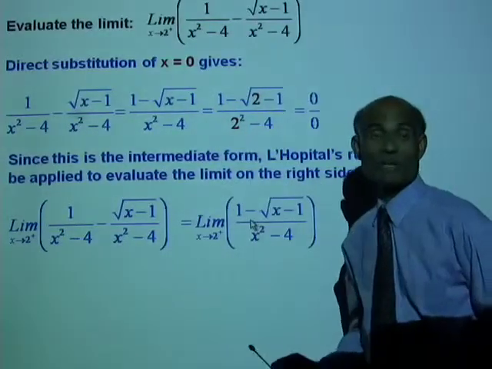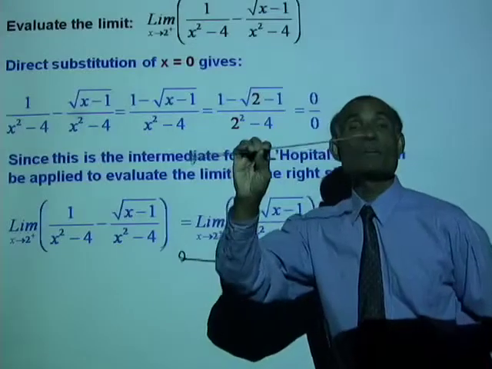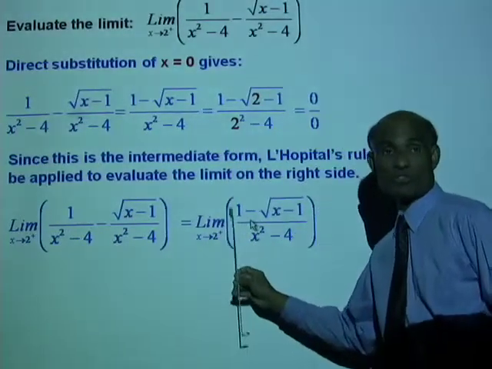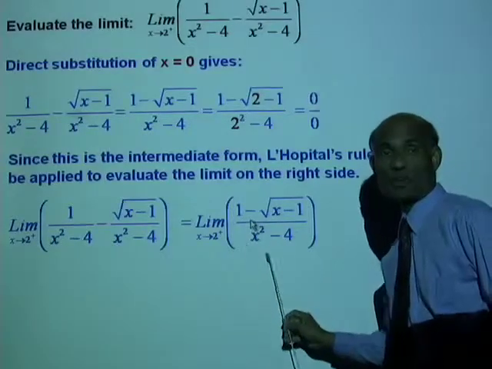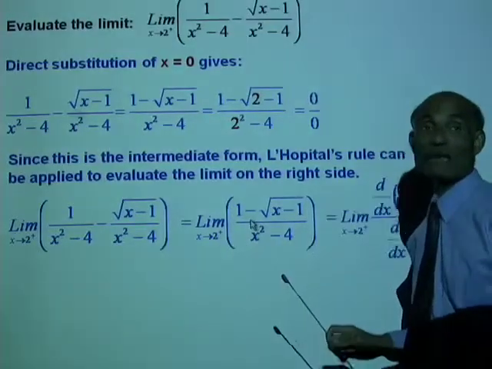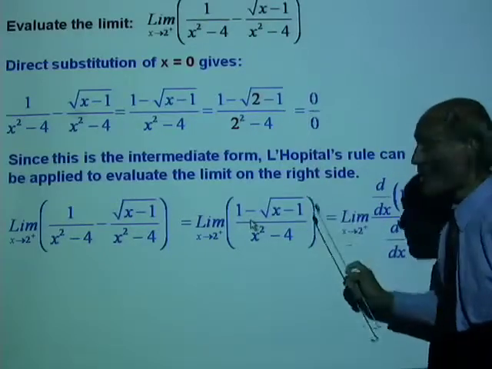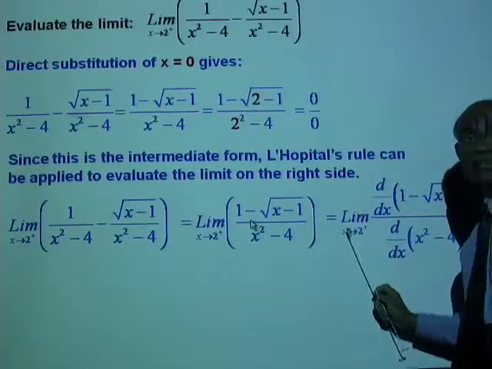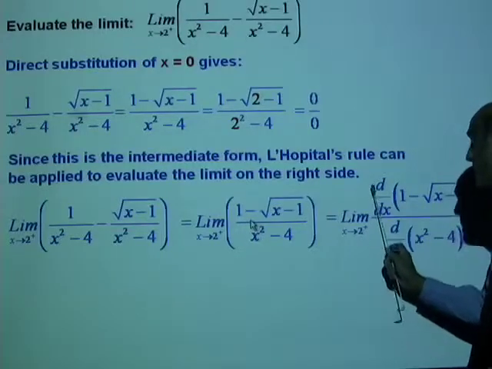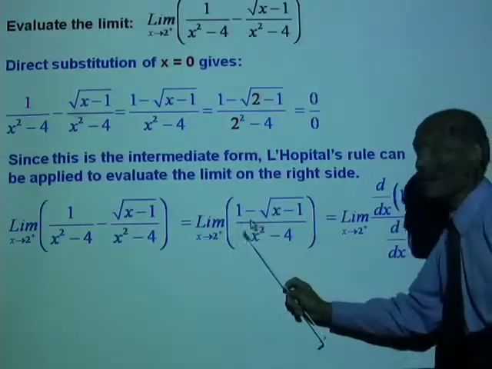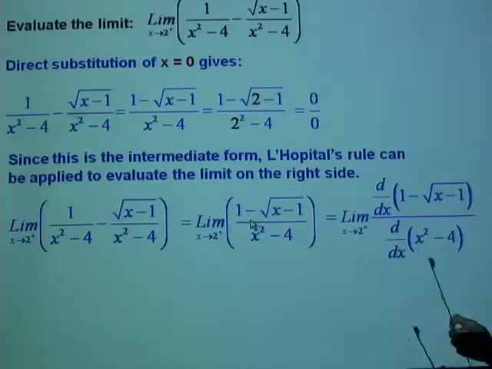Remember, L'Hopital's rule can only be applied if the limit is of the form f of x divided by g of x. So this is our f of x, and this is our g of x. Since this is of the indeterminate form, this limit will be the limit as x approaches 2 from the right of the derivative of the numerator divided by the derivative of the denominator.